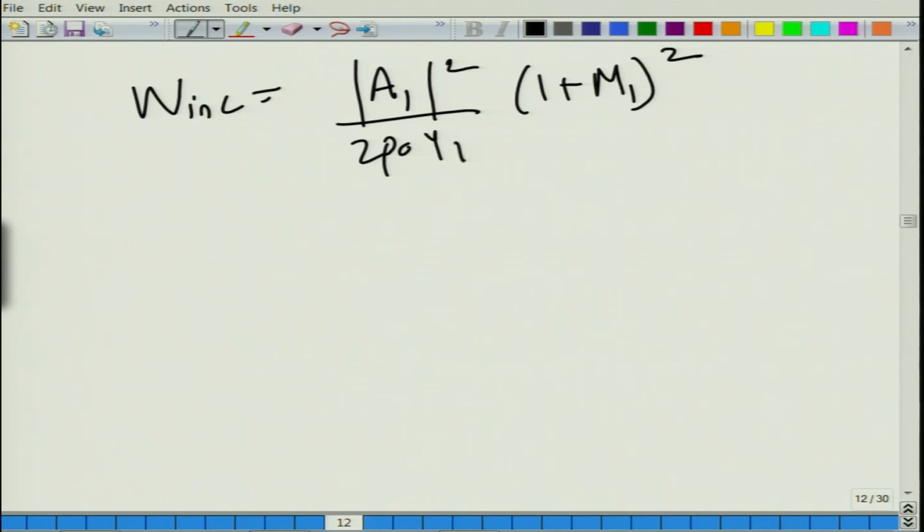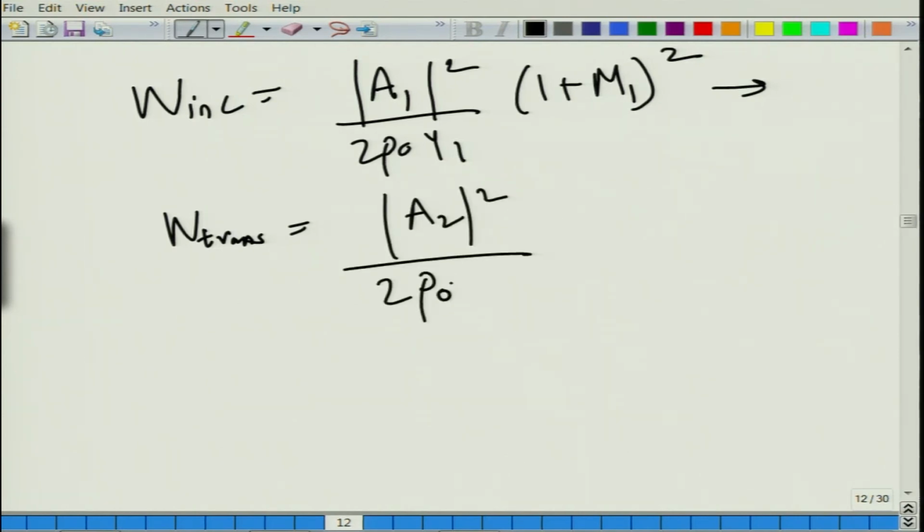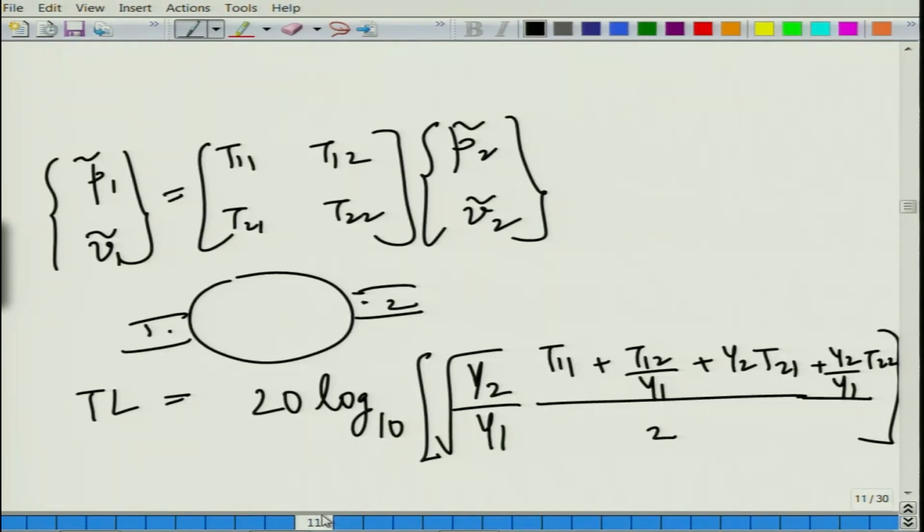We will have this sort of a thing, and the one that is incident, that is going in this direction, is basically transmitted, is basically your one plus M2 whole square, isn't it? This is the only thing that you need to worry about. A1 and A2 can be figured out from this thing when you substitute back the classical variables, A1 minus B1 by Y1 and all these things here, and same thing over here.